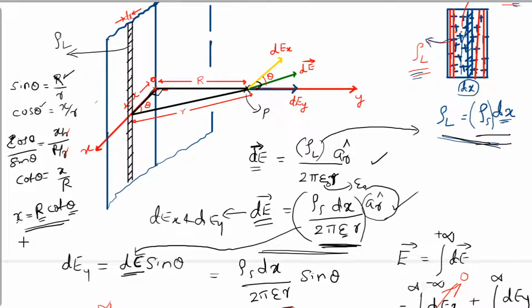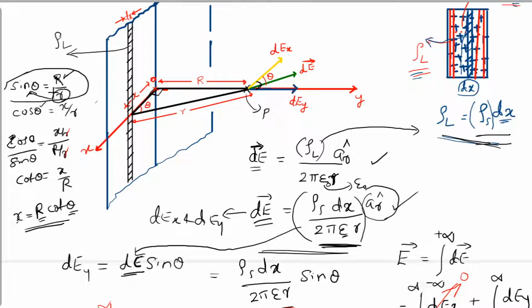Now I should write small r also, small r in terms of capital R and theta. Look here in the first equation: sin theta is capital R by small r. But I want small r, so I bring this small r this side and sin theta the other side.